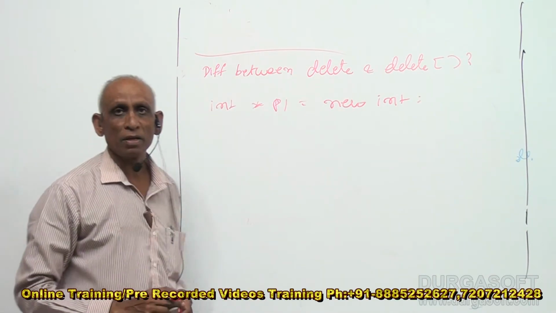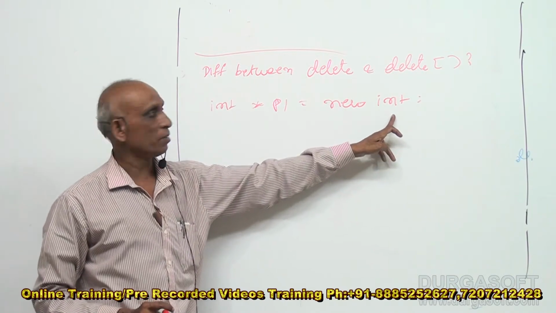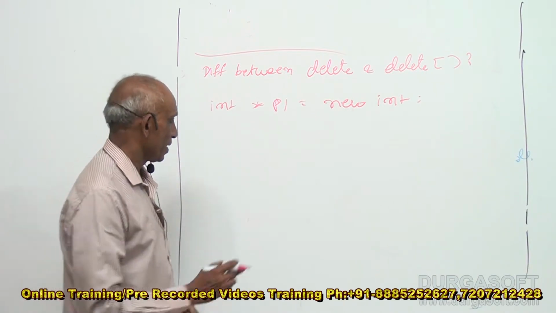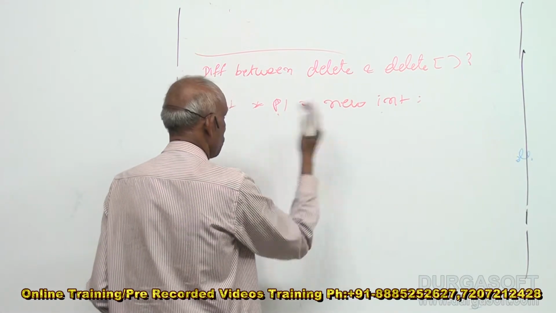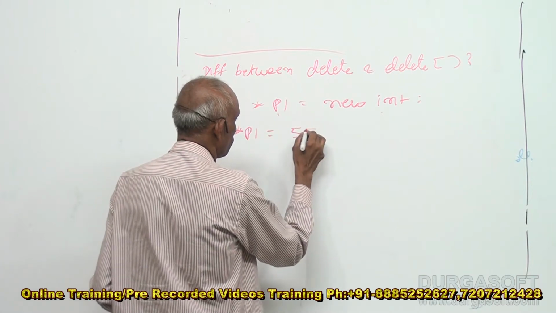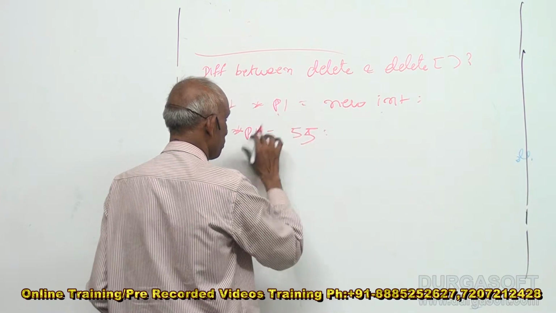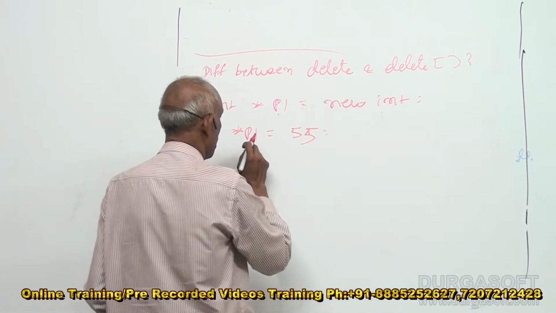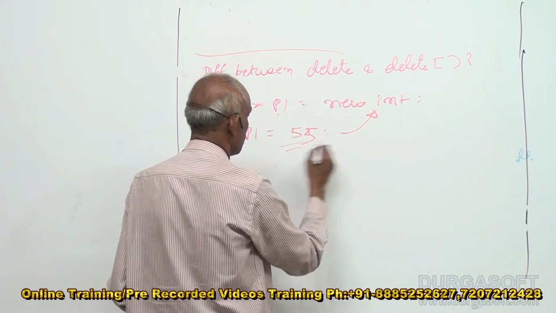Int star p1 new int means I allocated one integer dynamically and assigned that address to this. So I can modify that integer using star p1 is equal to 55, means 55 is stored in the memory allocated here, that is pointed by p1. So this integer now contains 55.